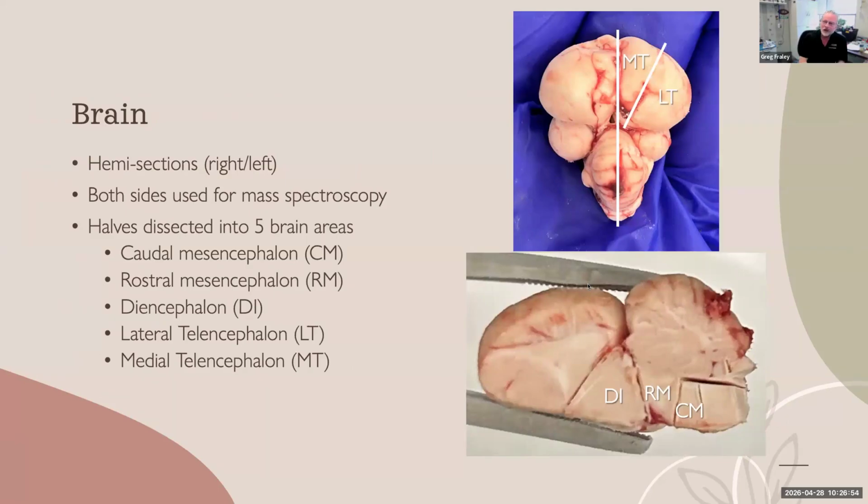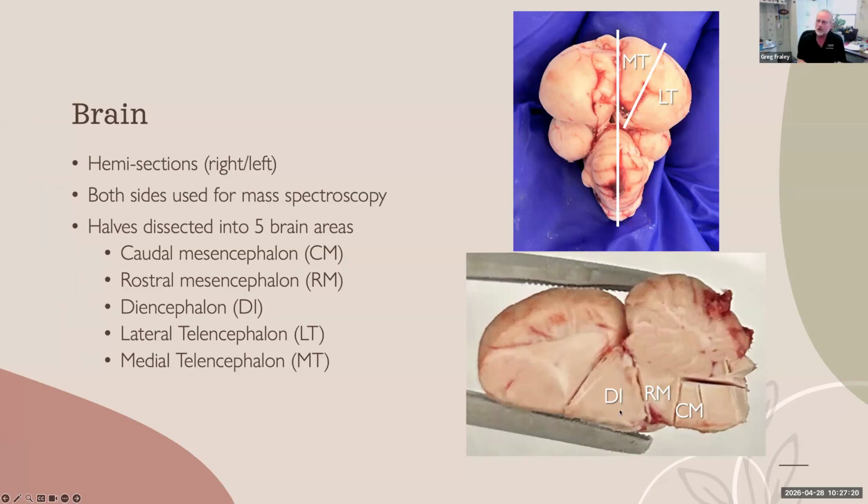We collect the brains and microdissect them further into rostral and caudal mesencephalon. If you remember, that's the source of most of the serotonin and most of the dopamine in the brain. We dissect it into rostral and caudal components because there are different aspects there.